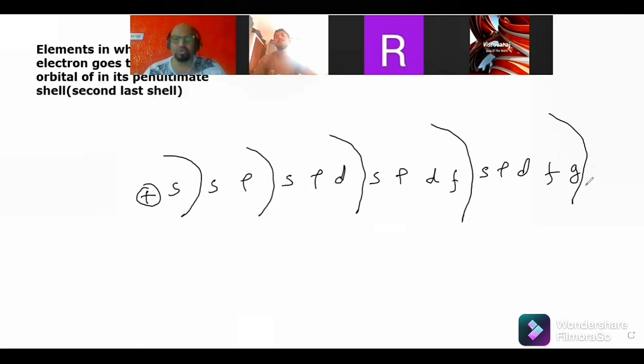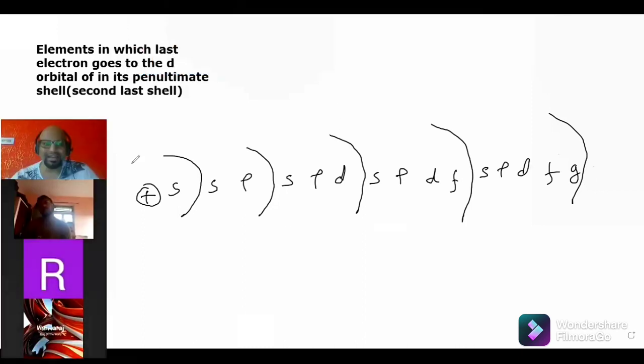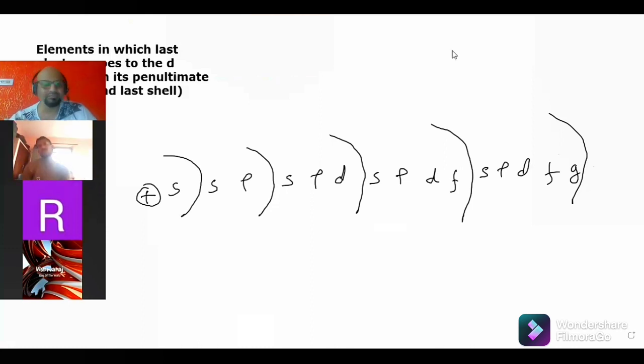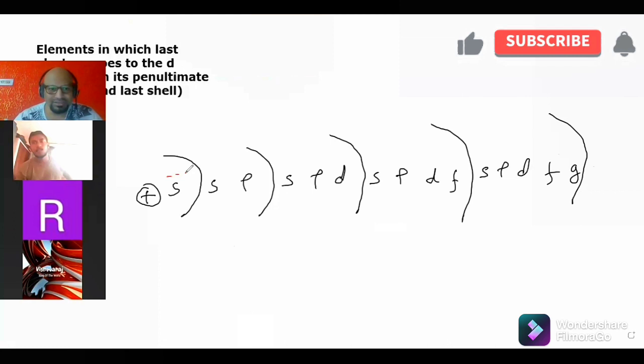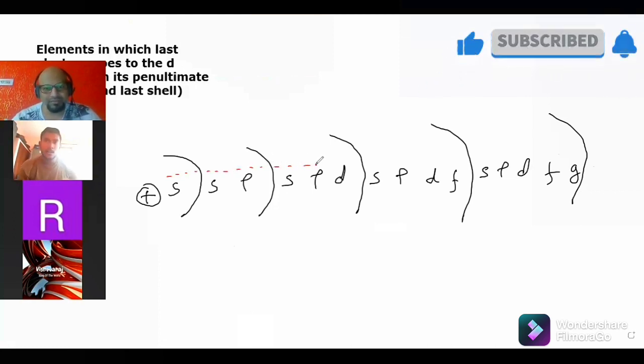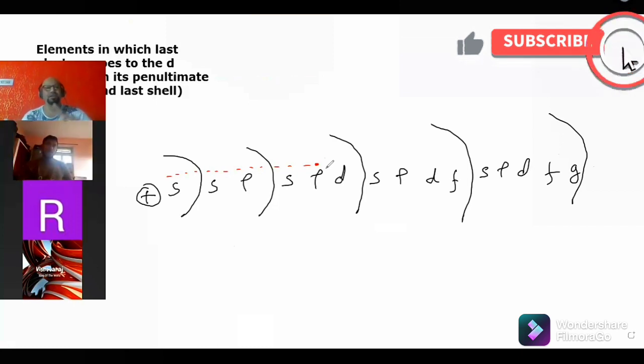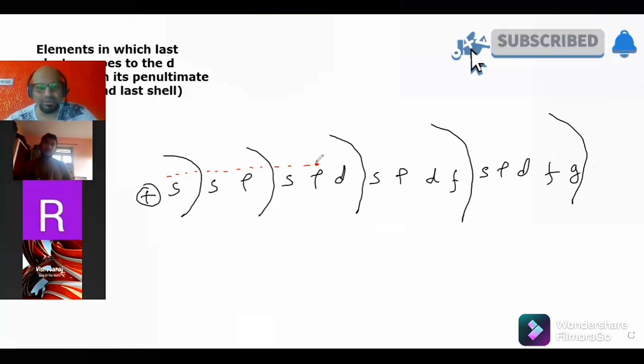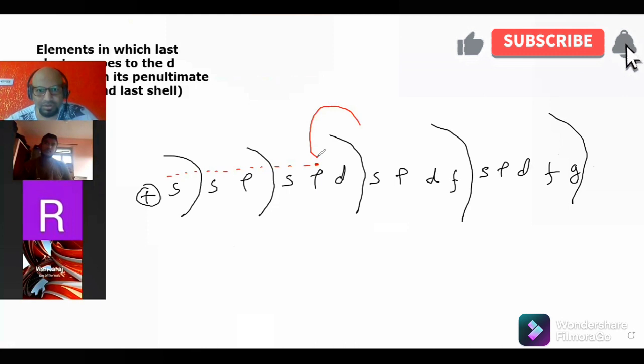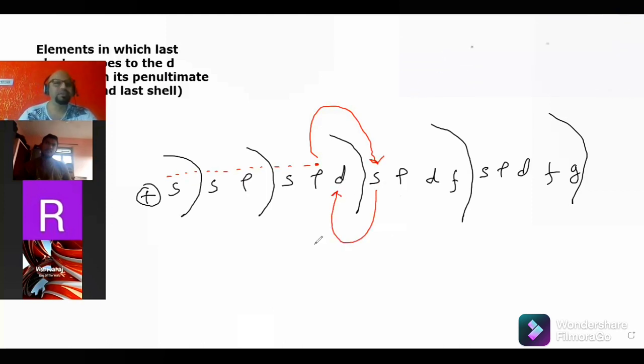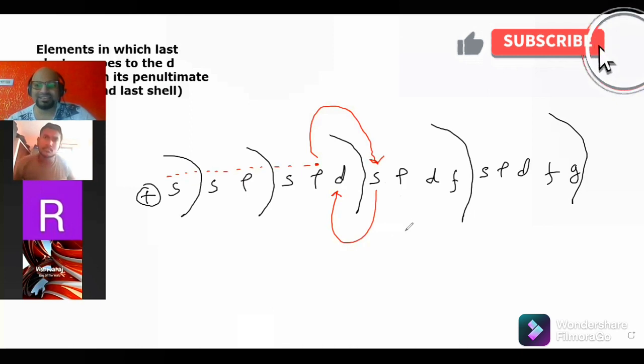Okay, so now I am adding electrons in this particular atom. How am I adding electrons? Just look here. This is going on systematically and in a very straightforward manner. But after doing this much, the electron will not go to D. It will jump, and it will go to S. Now it will come back from there and will come at D. So officially our valence shell is this.